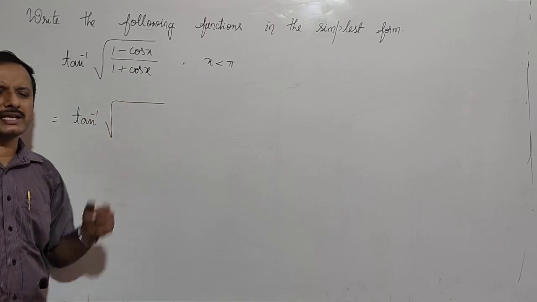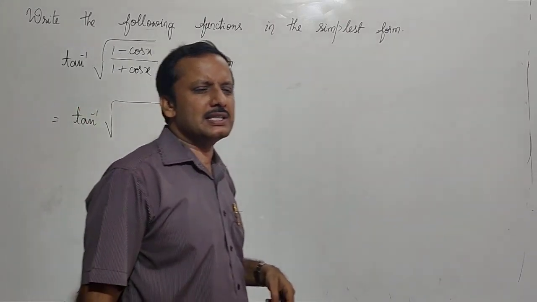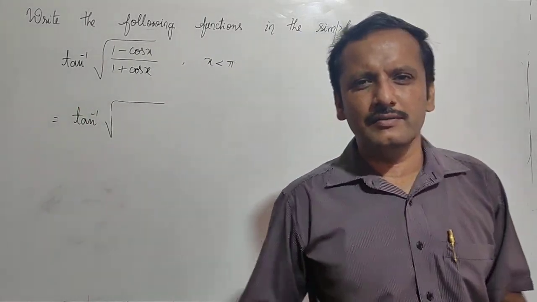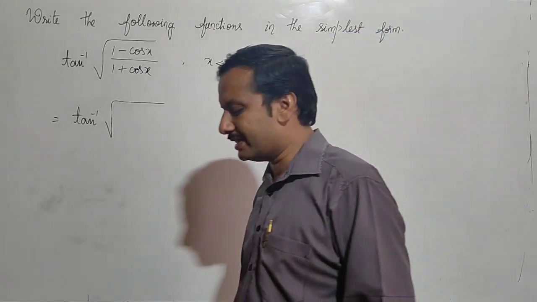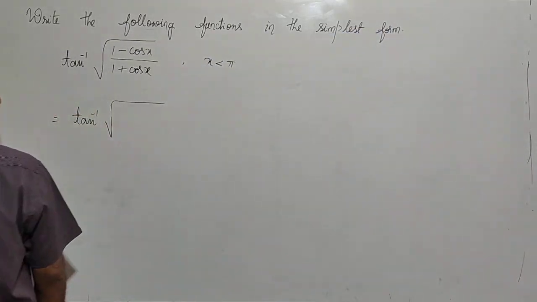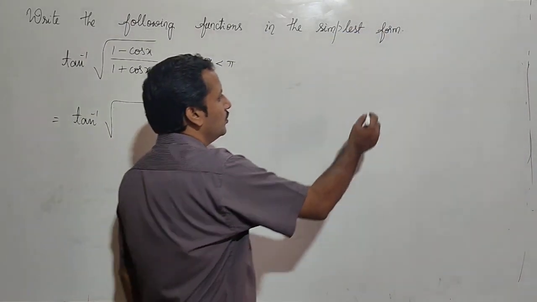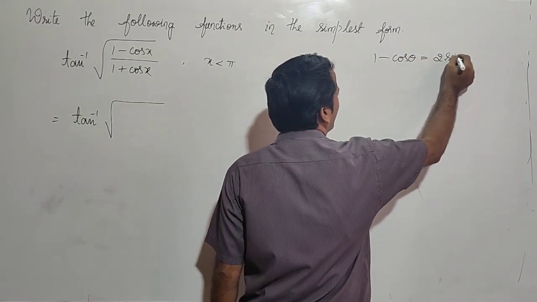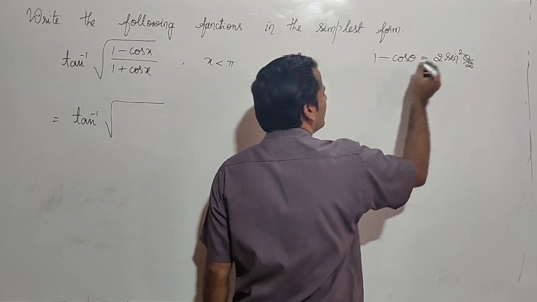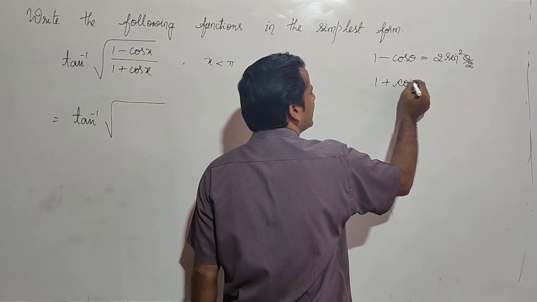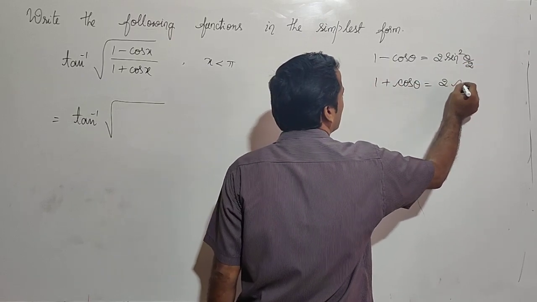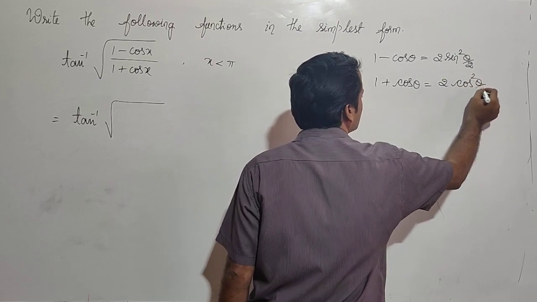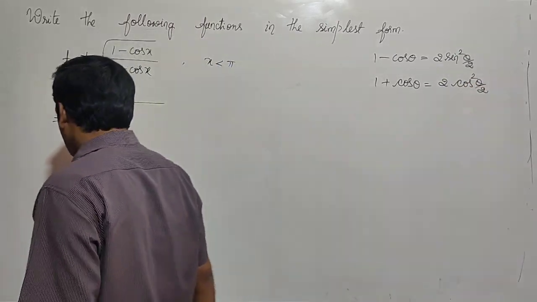It looks like 1 minus cos theta. For 1 minus cos theta, we have a formula which is 2 sin square theta by 2. Well-known formula. Similarly, for 1 plus cos theta also, we have the formula which is 2 cos square theta by 2.